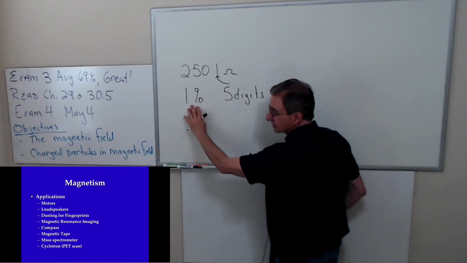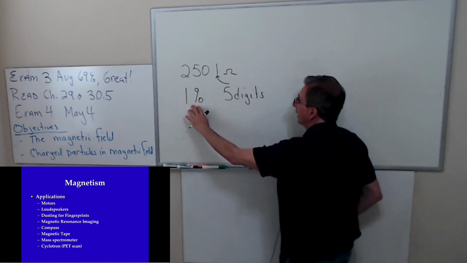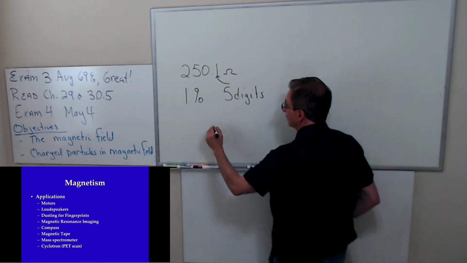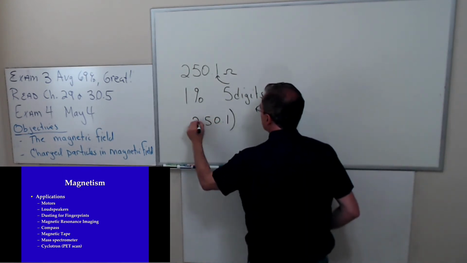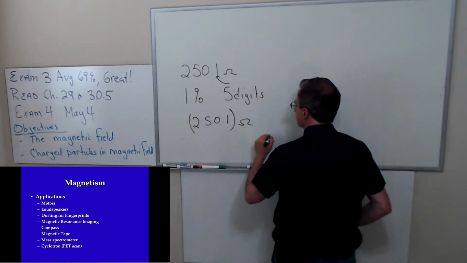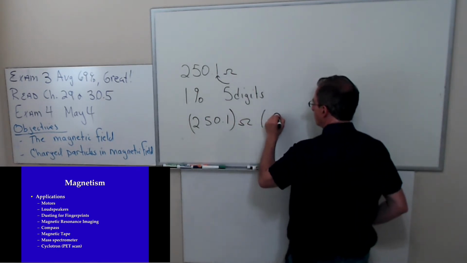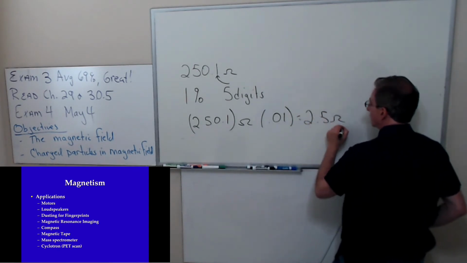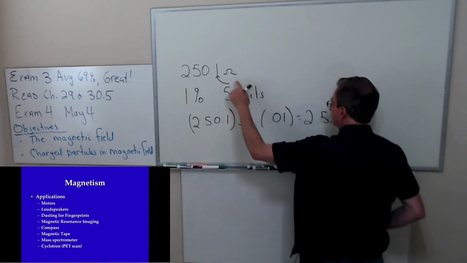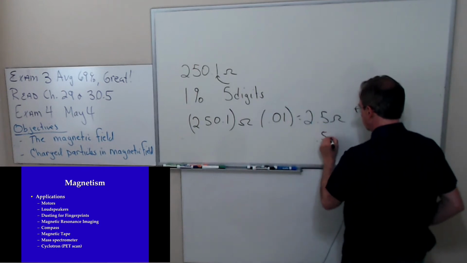In addition to that, there's this error due to the accuracy, so we've got to factor that in. So you take 250.1 ohms times 0.01, which gives you 2.5 ohms. And then you add this half digit to this.